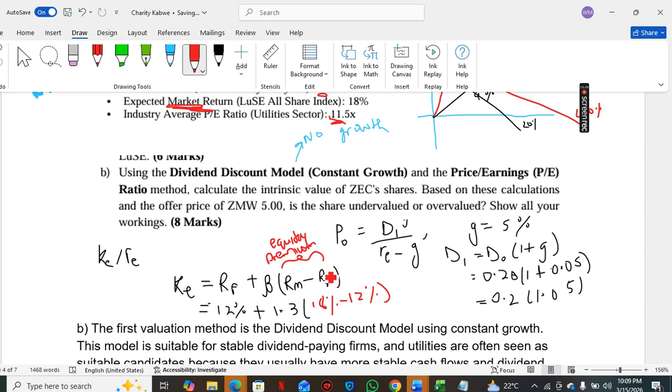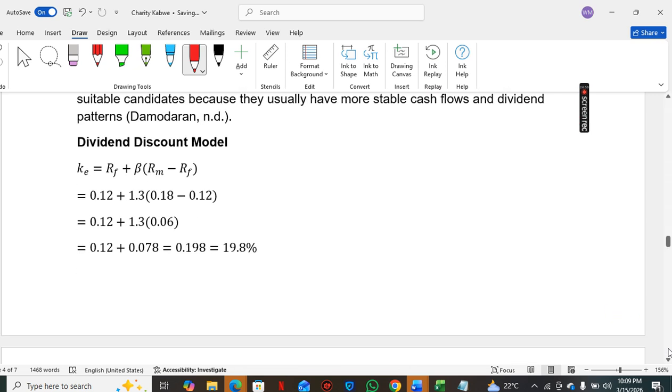Then this is minus RF again. So when we do our tabulations, colleagues, if you want, you can leave them as percentages. If you want, you can convert them into decimals. To make life easy, just leave them as percentages, okay?